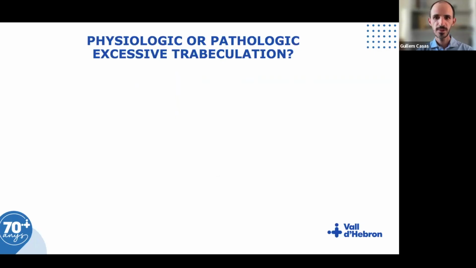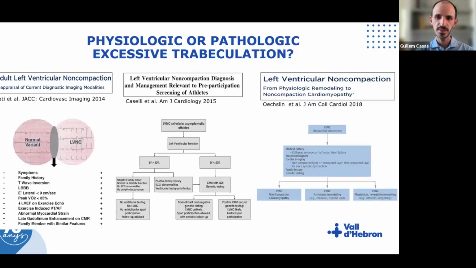So probably the most important question when you face a patient with excessive trabeculation is to decide whether this patient has a physiologic form of trabeculation, that is, a benign or isolated hypertrabeculation, or whether it is a pathologic case associated with a cardiomyopathy.